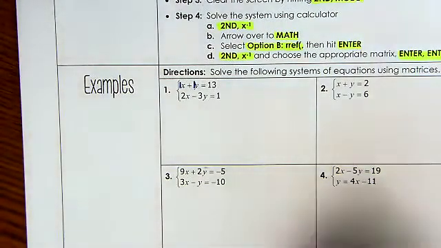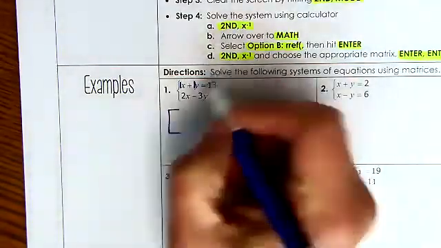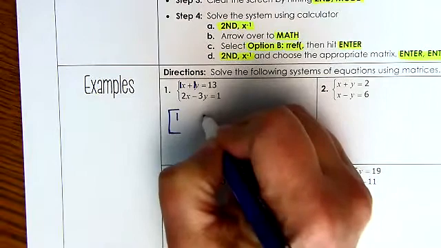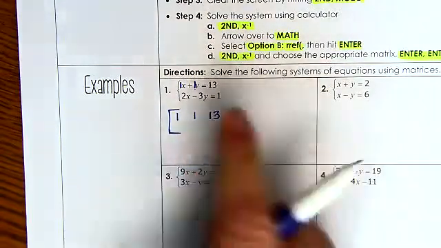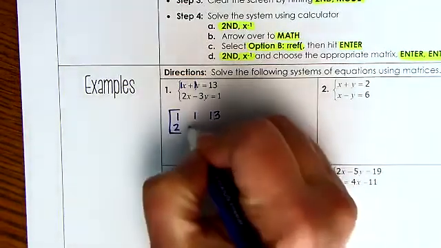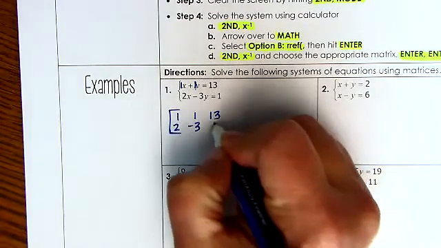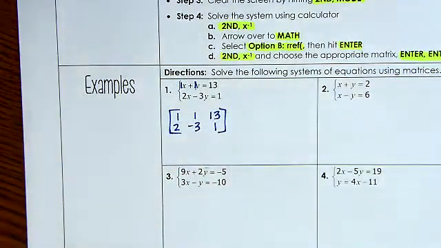So therefore, my matrix for this problem, for the top equation, is going to be 1, 1, 13. For the second equation, it's going to be 2, -3, 1. This is the matrix that I want to have typed in to my calculator.